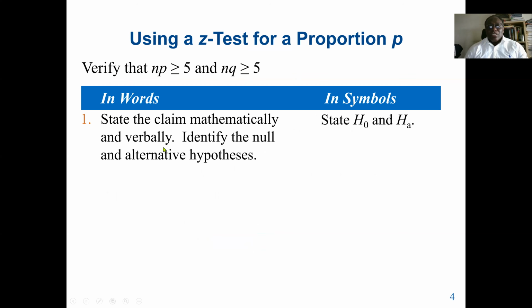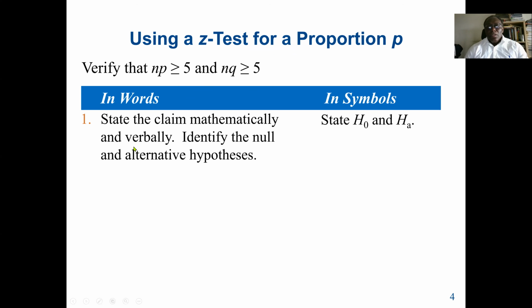But the difference is that, first of all, we have to test if np and nq are greater than or equal to 5. So for example, if np is greater than or equal to 5, but nq is less than 5, we cannot do the test. The main reason will be we don't have enough sample, most likely. So that's the step.